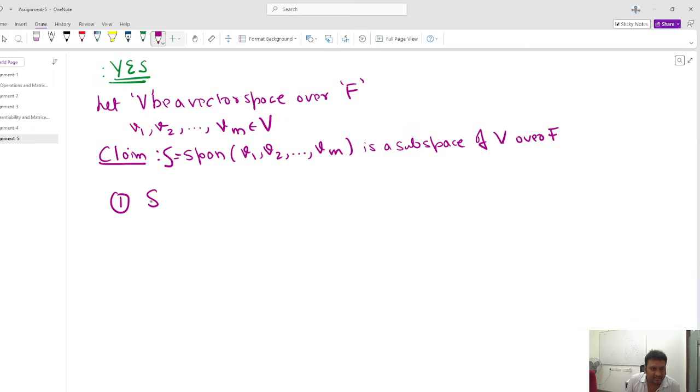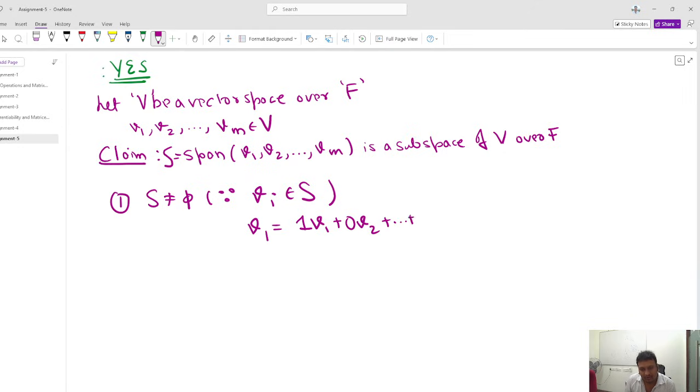So clearly S is non-empty, because each vi belongs to S. Vi is in fact a linear combination of v1 up to vm. For example, v1 is 1 times v1 plus 0 times v2 plus dot dot dot 0 times vm. Okay. Number 2. So let us take two vectors inside it.